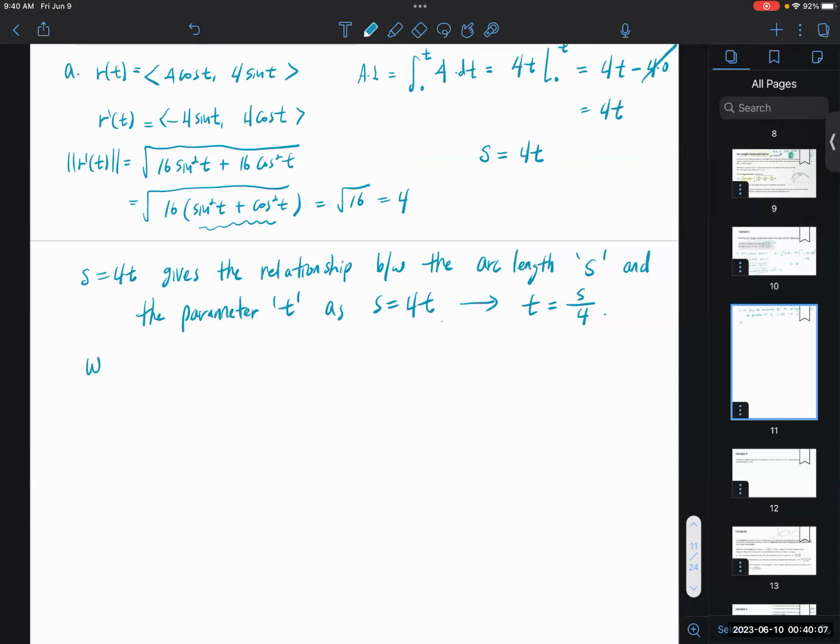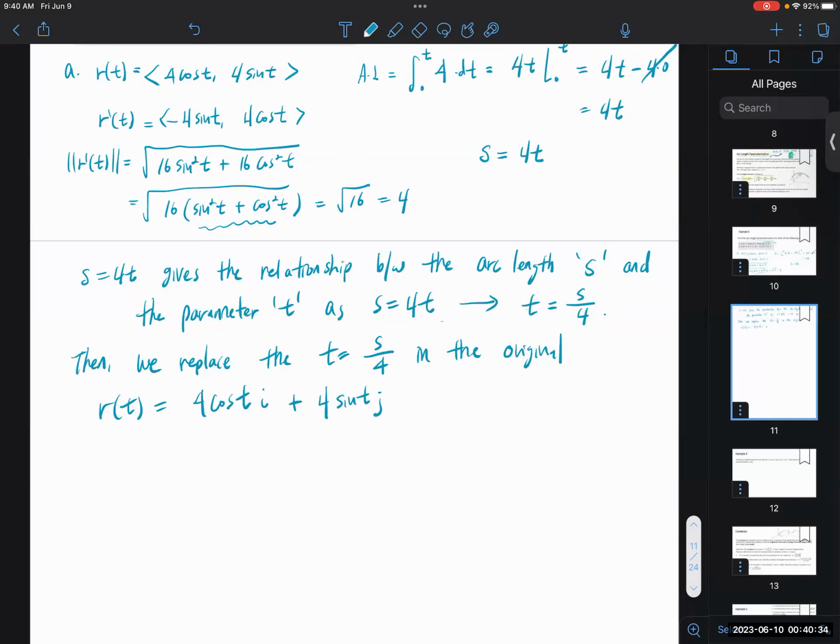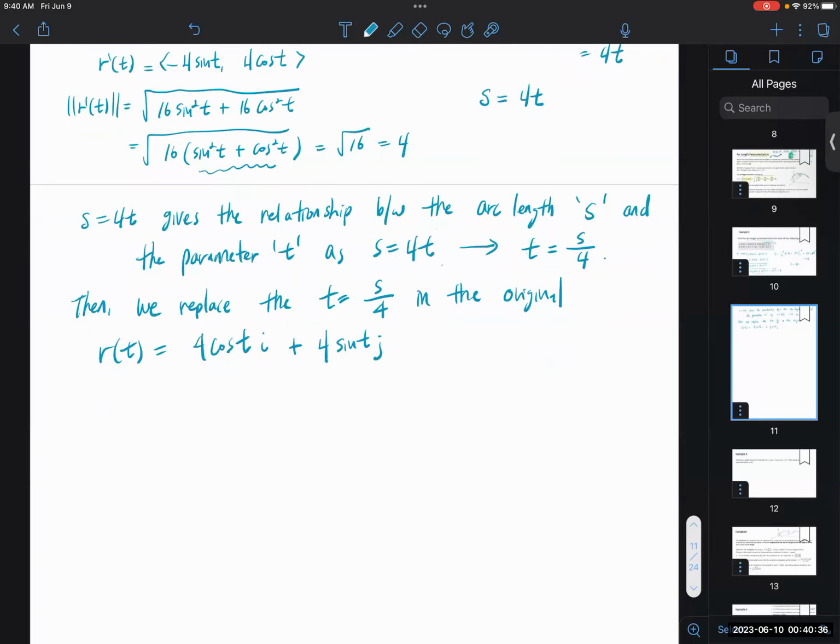Then replace t equal to S over 4 in the original R vector equation, 4 cosine t i plus 4 sine t j, and substitute.